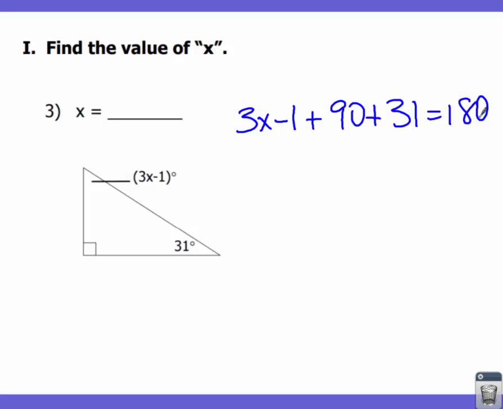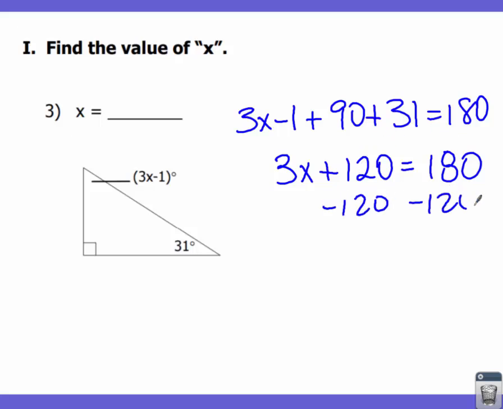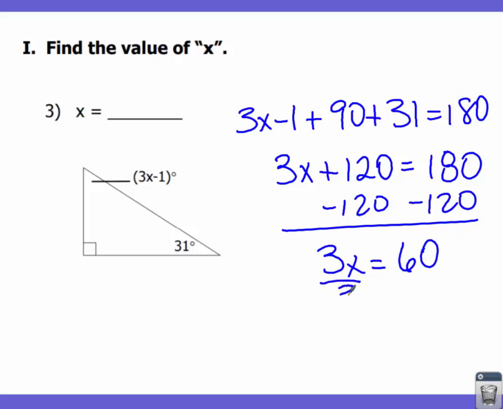Now we put like things together, the 90, the 31, and the minus 1, and that gives us 3x plus 120, which is equal to 180. Now I move the 120 over to the other side by subtracting 120, and we end up with 3x equal to 60, the same thing that we had in the previous solution. Divide by 3, and you end up with x still equaling 20.